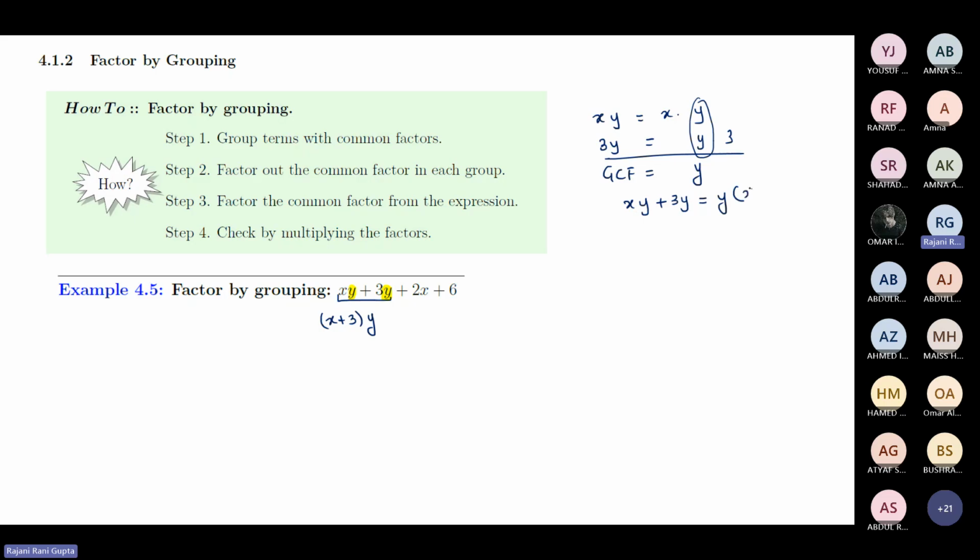So what are you left with? x plus 3. Okay, so this is what I did here. And it's the same as x plus 3 times y, which is by the commutative property you studied in chapter 1. Similarly, what is the greatest common factor for 2x and 6? 2x you can write as 2 times x. 6, how can you write 6? 2 times?